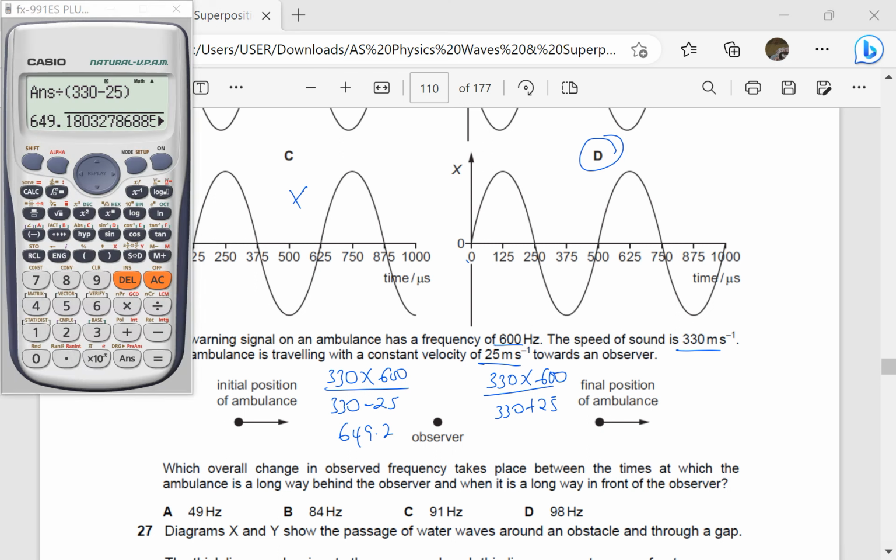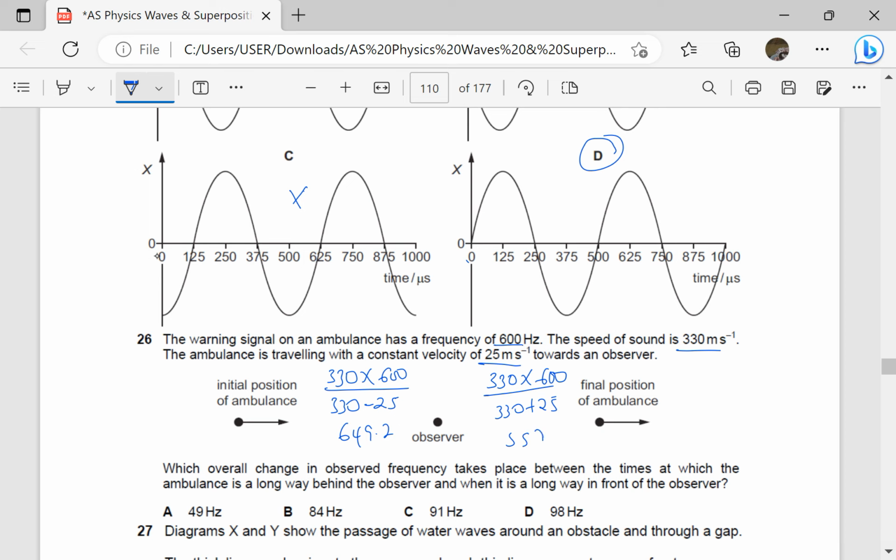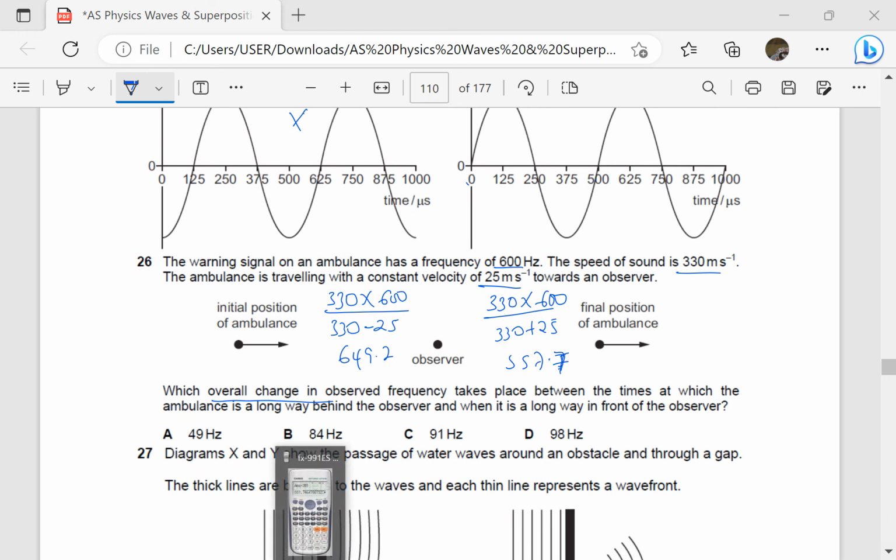Let's check the other one again. 330 times 600 divided by 355. So that is 557.7. So we want the change, overall change, so we subtract.